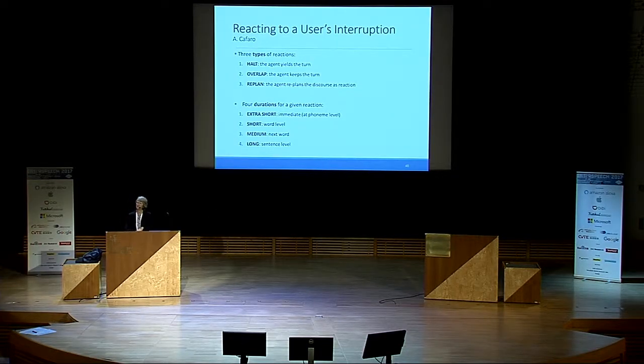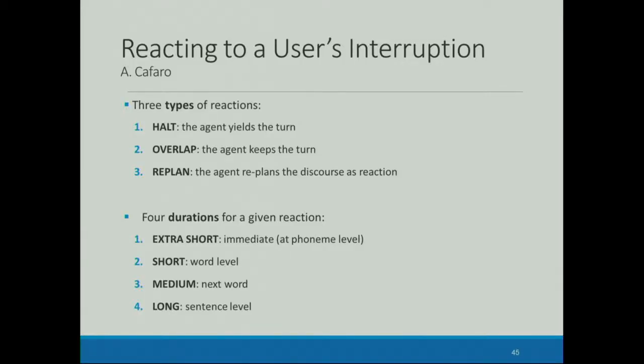But how should the agent behave when interrupted? We looked at different types of reaction. The halt: the agent stops talking and yields the turn to the user. Overlaps: "No, it's my turn, I continue talking." Or I change behaviors. And we have different durations for each reaction: extra short, short, medium, and long.